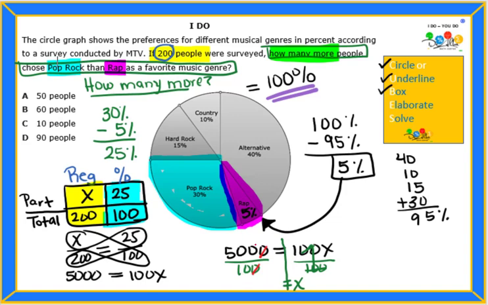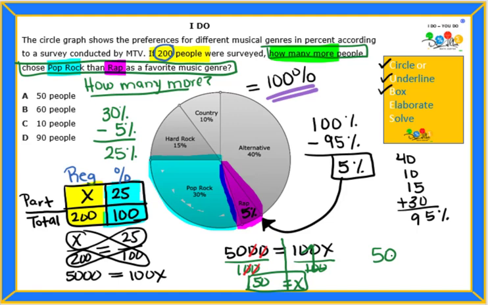But if I divide both of them by 100, I can take away 2 zeros. And so I'm left with 50 over 1, which means x would be 50. And 50 is not a percent. Remember, because x is here in the regular numbers, it's not 50%, it's 50.